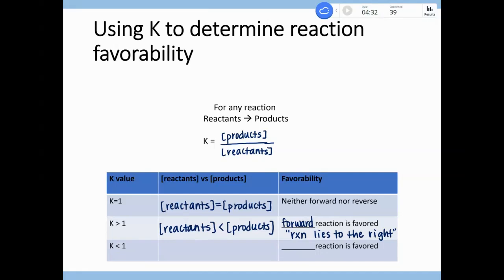And then the last possibility, which is what we saw on the previous slide, is where K is less than 1, so it is some decimal. That means there are more reactants than products at equilibrium.